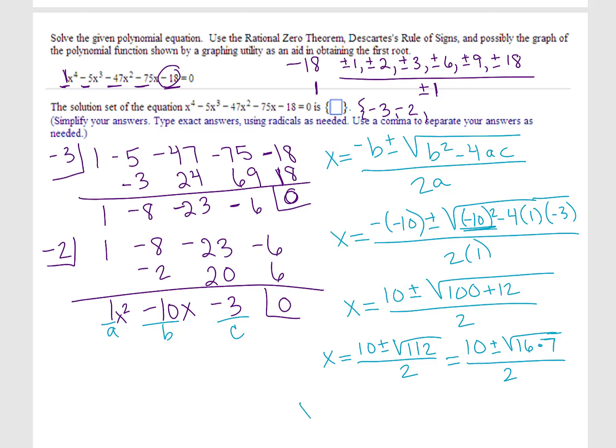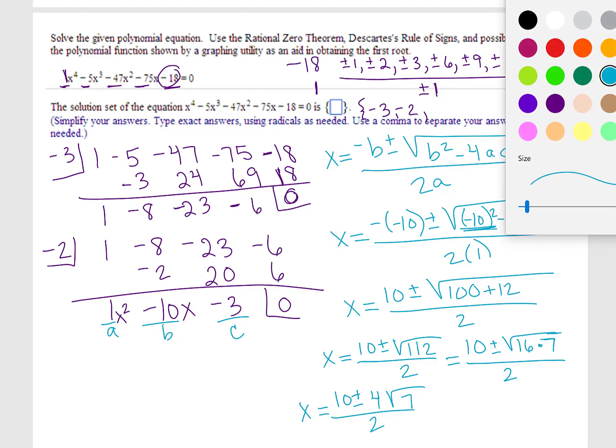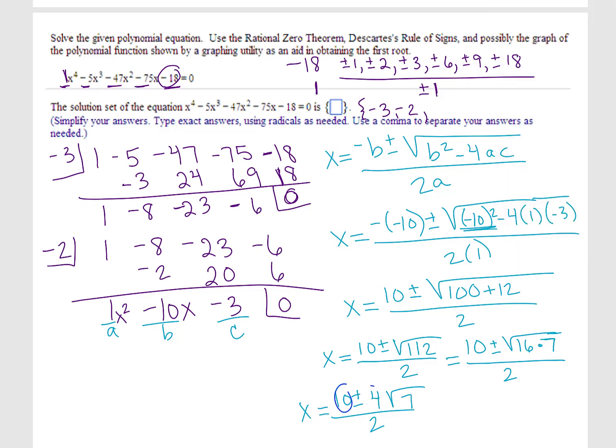Okay, so we're able to pull that 4 out when we do the square root of 16. And I'm still not done because I can simplify all of these by dividing by 2. So I get 5 plus or minus 2 times the square root of 7 over 1, which we could just leave that 1 off, right?